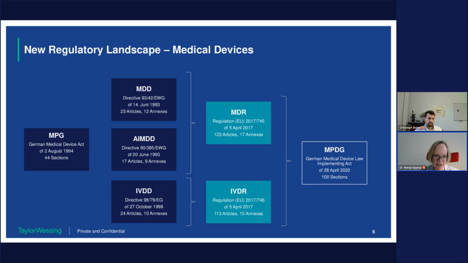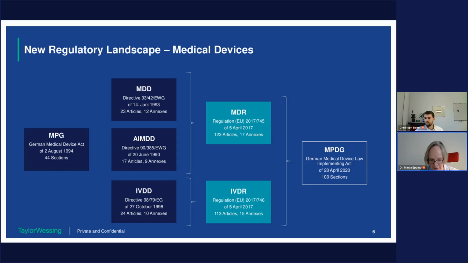And this regulatory landscape was replaced in 2017 by the Medical Devices Regulation and the IVDR, the regulation on in vitro diagnostics. The MDR comprises the two categories, the regular medical devices and the active implantable devices.